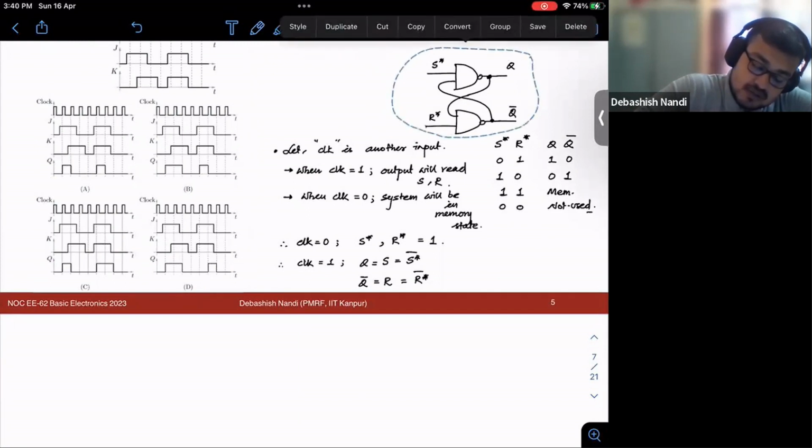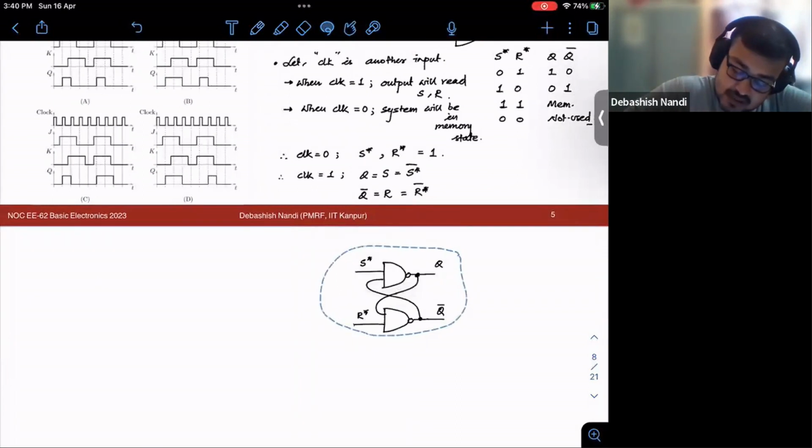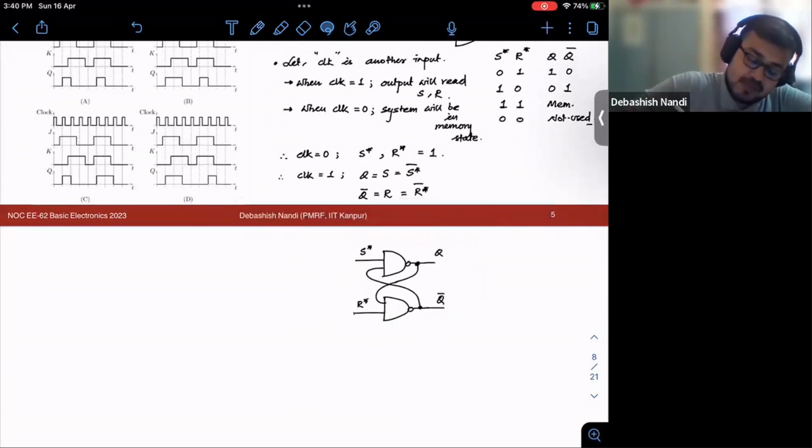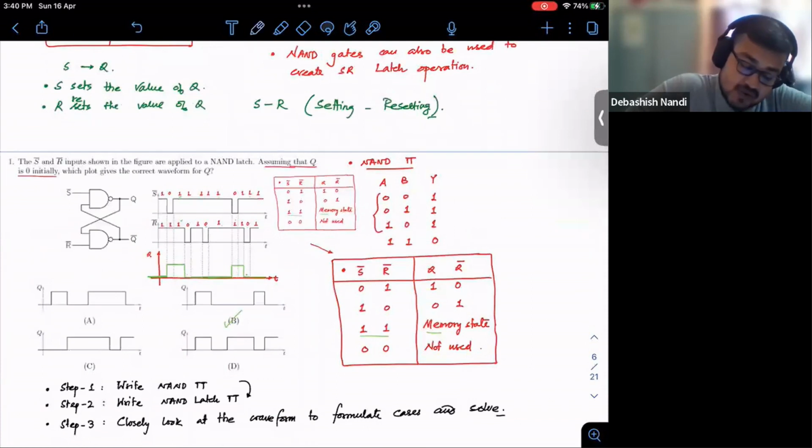The way we can do that is, suppose you have this, and now you pass your signal through a NAND gate. And suppose you are connecting your input like this. This is your clock, this is your S, and this is your R. So what was our NAND gate truth table?